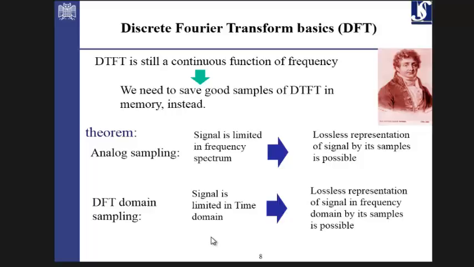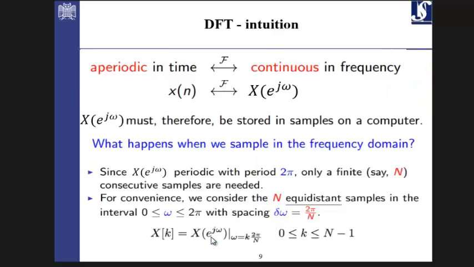The whole information is already inside. When you have lost nothing, then it should be reversible. And you can actually do it and put the name DFT on it. So DFT is the reverse process. It's a kind of taking the samples from the Fourier transform, DTFT.